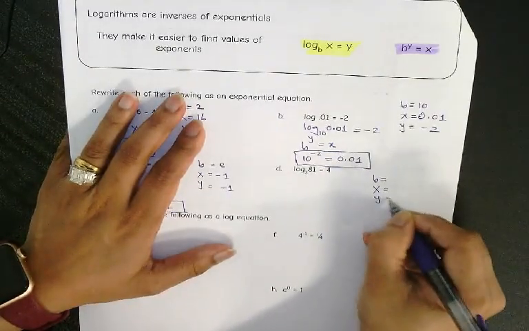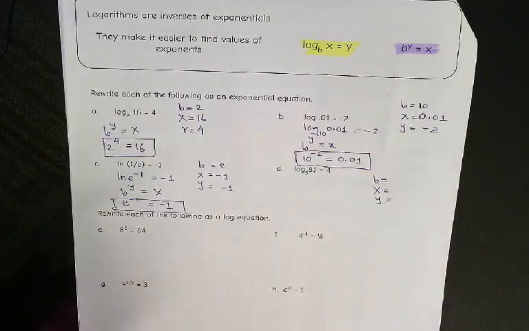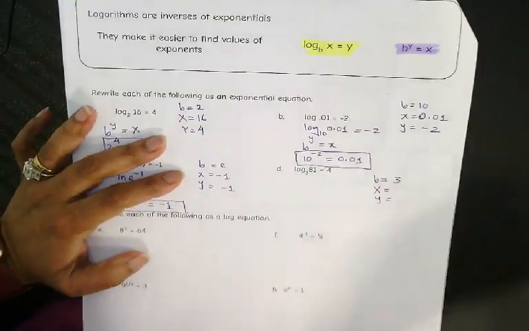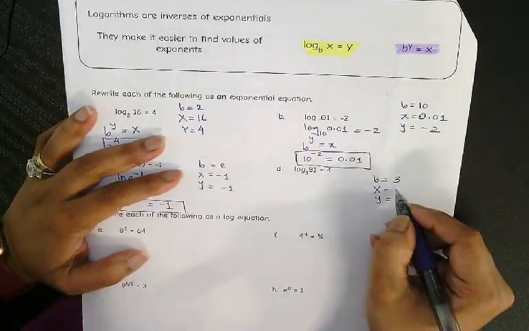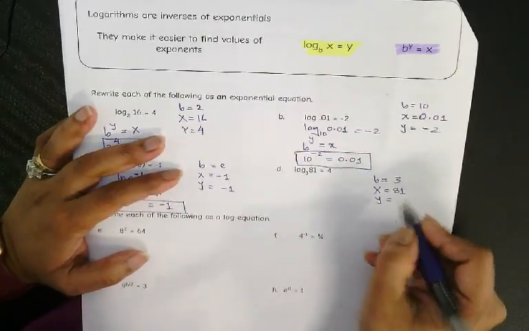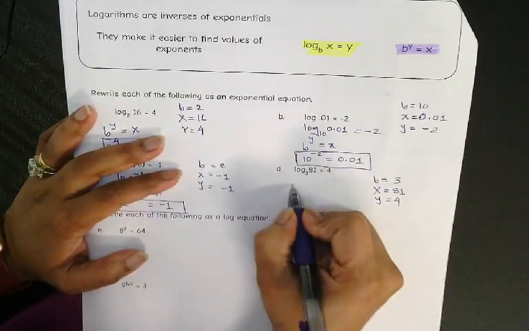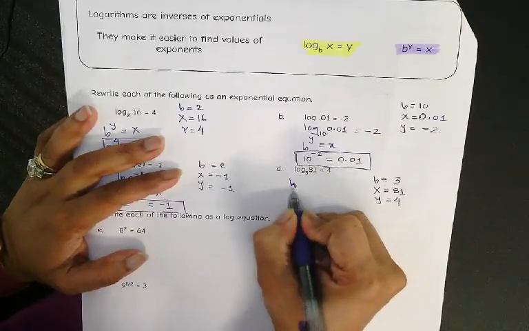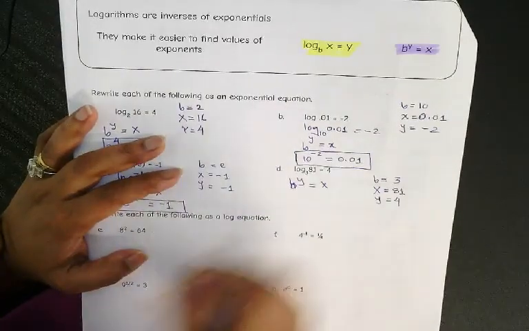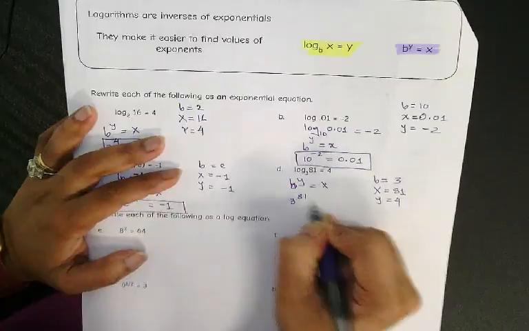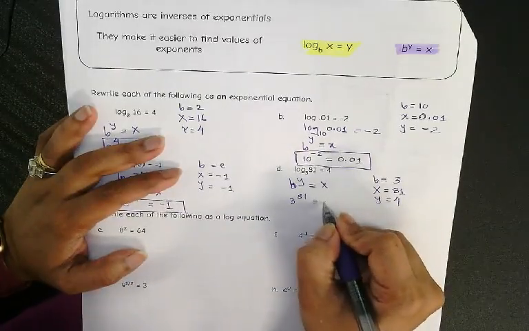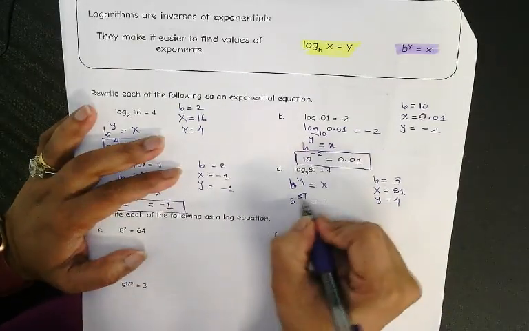What's the B value? Someone else? And what is the X value? Y value? So B to the power Y is going to be equal to X. So 3 to the power 4 is going to be equal to 81. Thank you.